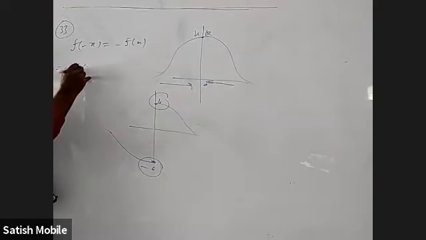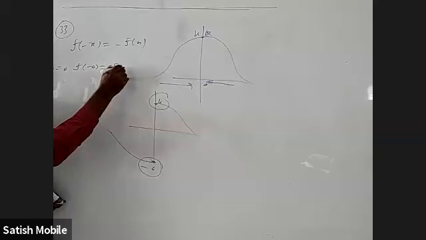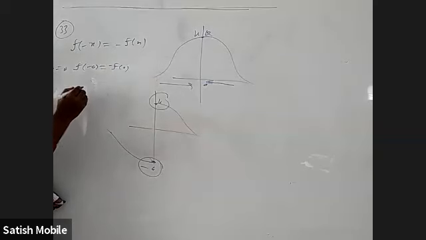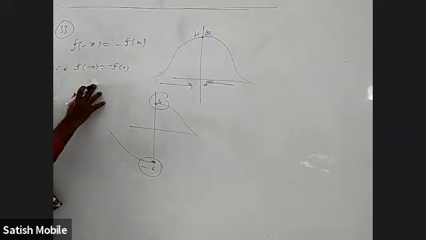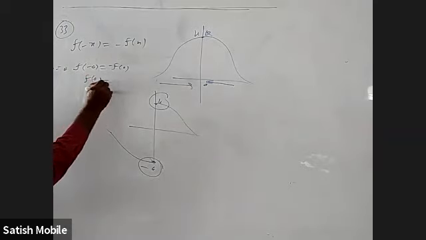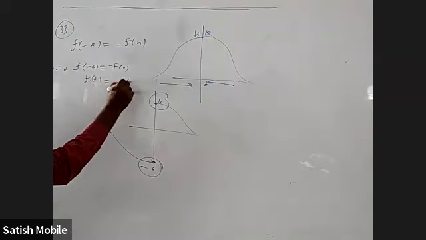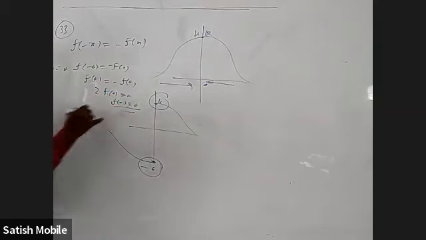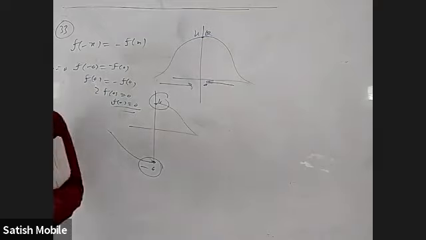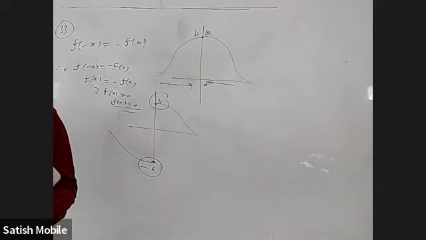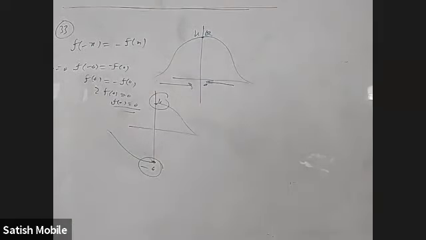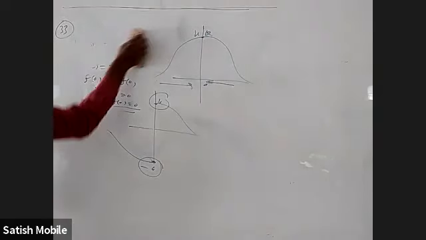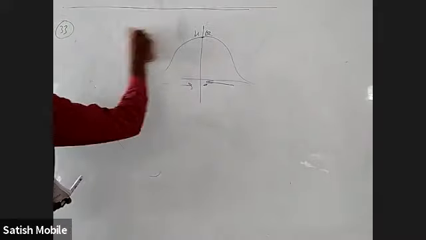Put x equal to 0, we get f of minus 0 equal to minus f of 0. f of minus 0 is same as f of 0, and this is minus f of 0 this side. 2 f of 0 is 0. f of 0 is 0. If you want an odd function to be defined at 0, it has to be 0 only, nothing else. We proved that, right? Or it may not be defined at 0, that's okay. So you can say at 0, the limit will be 0.